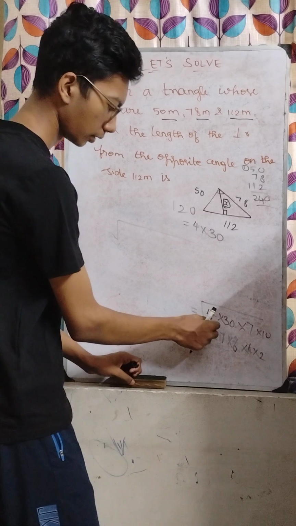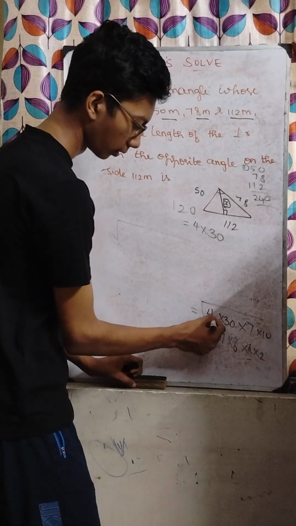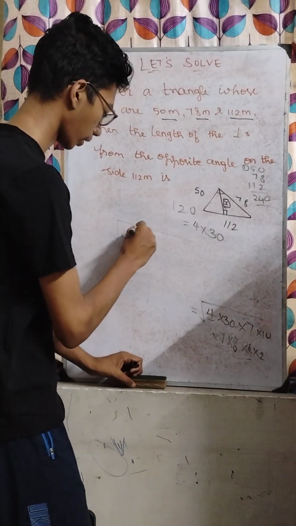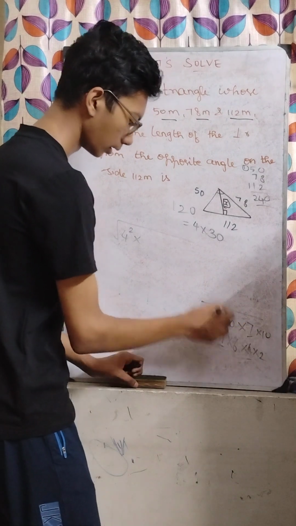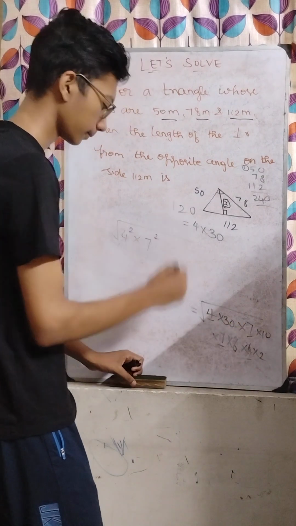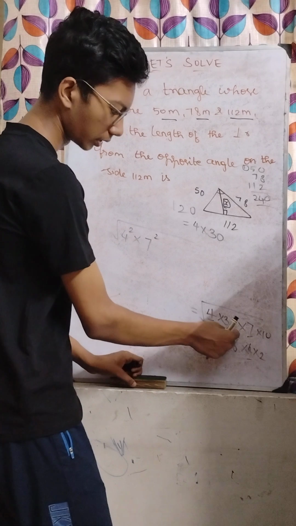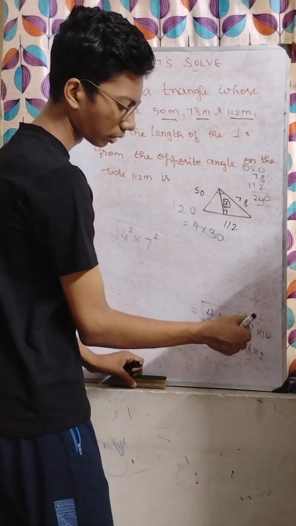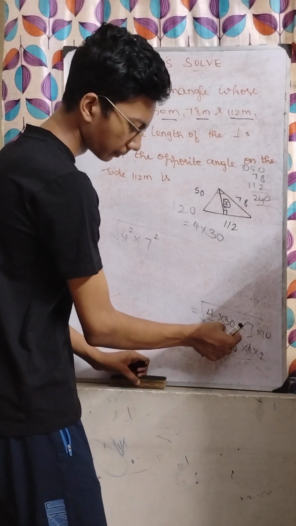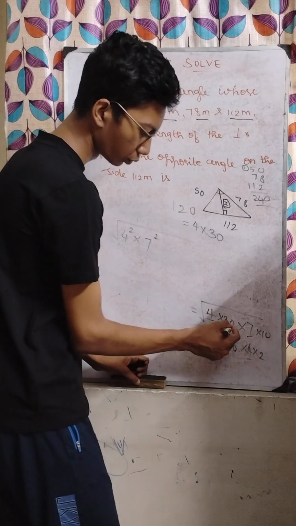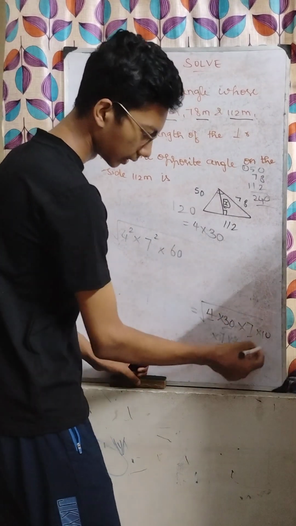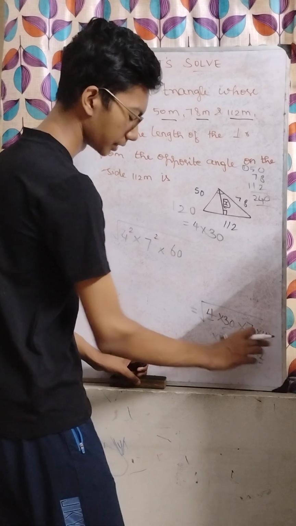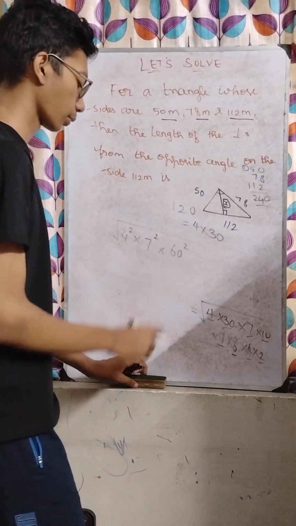So root of, we have two 4s, so we have 4 square. We have a 7 and another 7, so we have 7 square. Then 30 times 2 is 60, and 10 times 6 is 60, so we have 60 square.